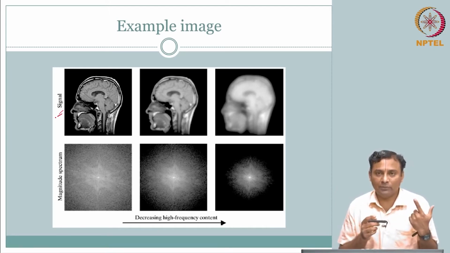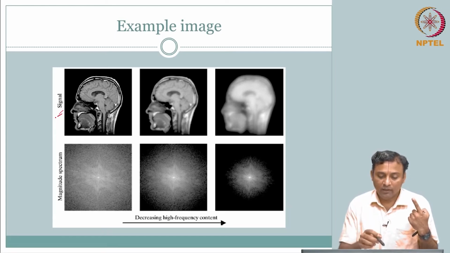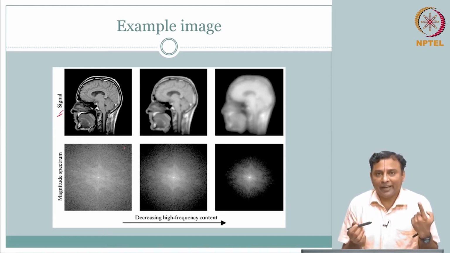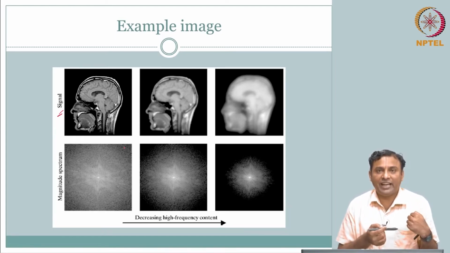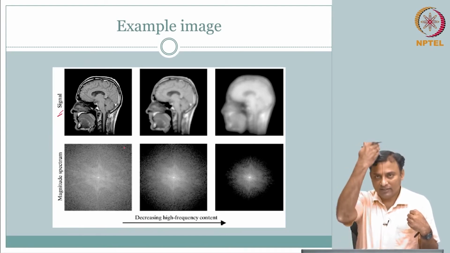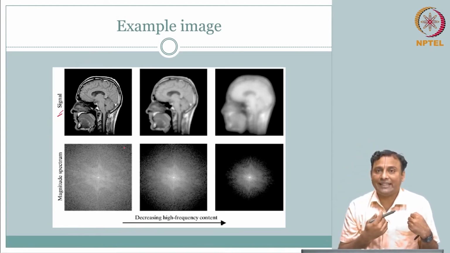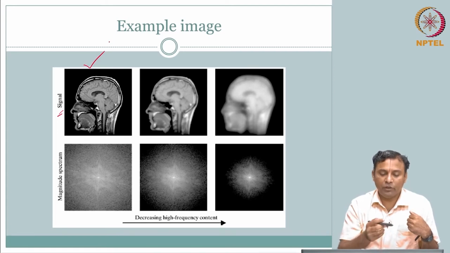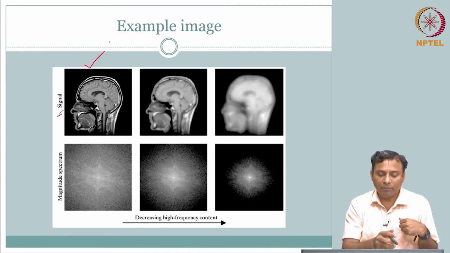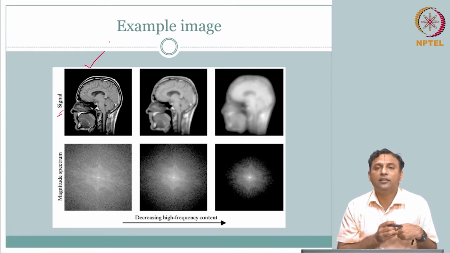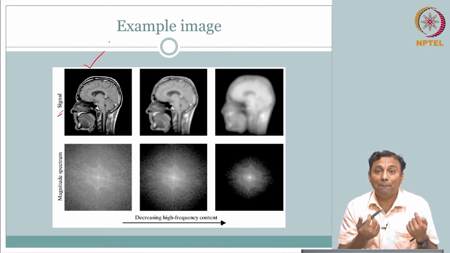So, that is a concept that we brushed. Then you can see a head, but which direction of the head is this? Side view, or sagittal. So, you should be able to appreciate the view, and what this 2-dimensional signal representation is. It is in the form of an image pixel.